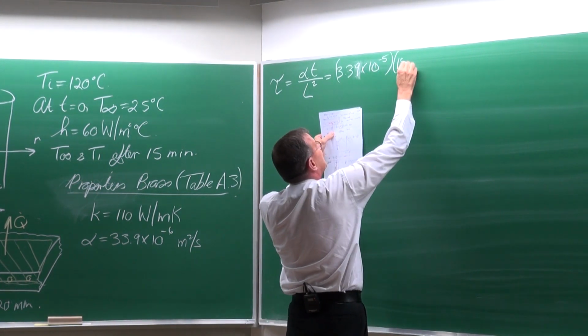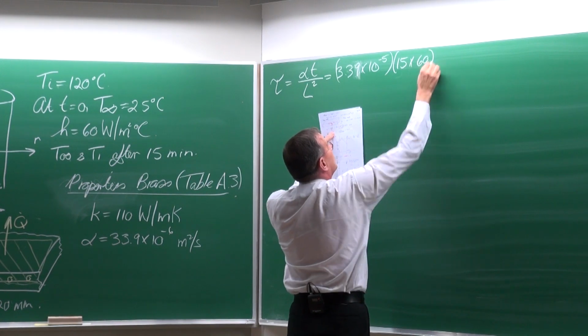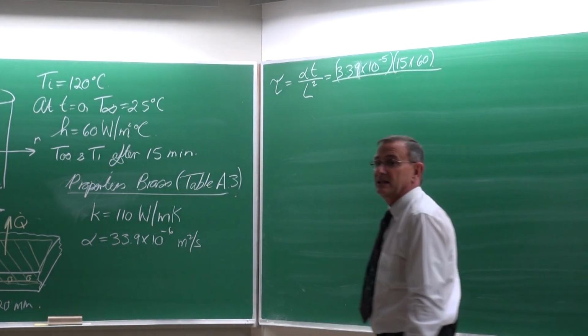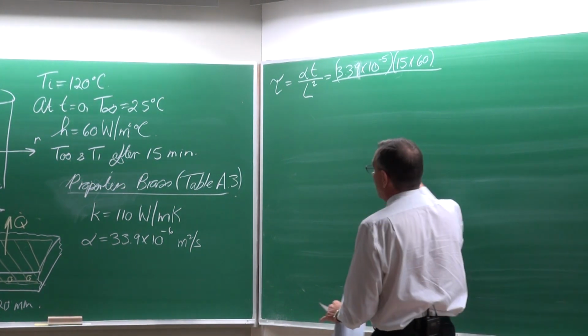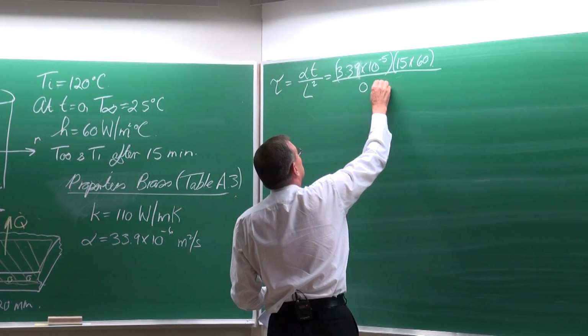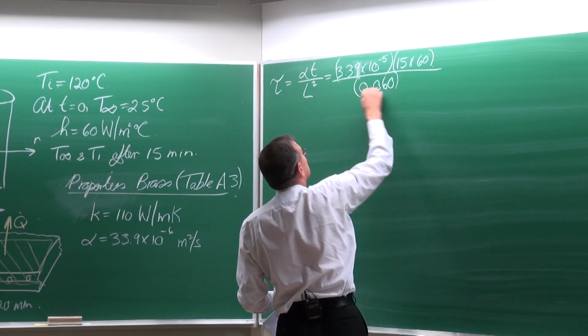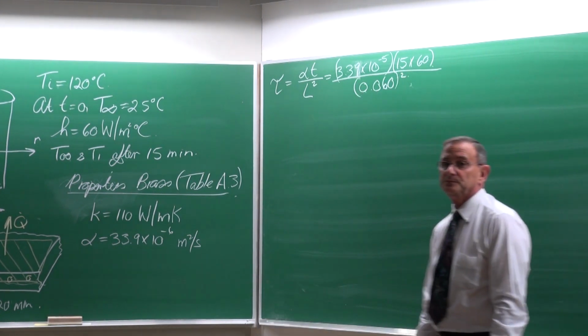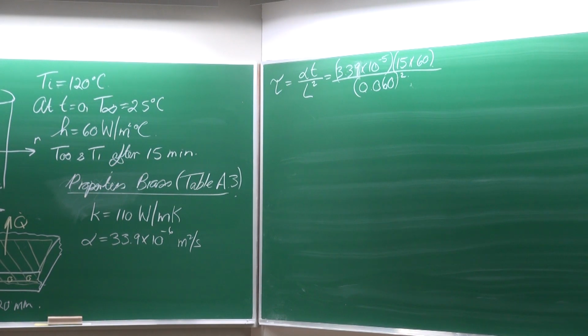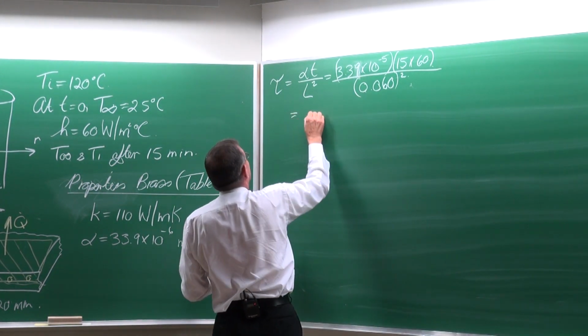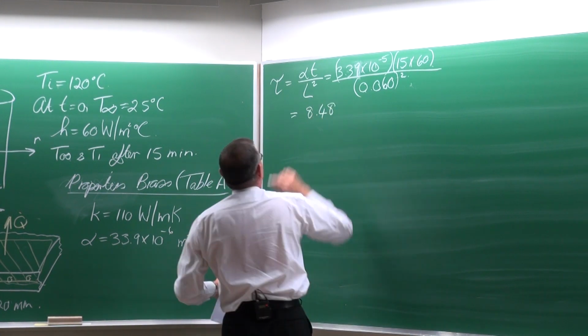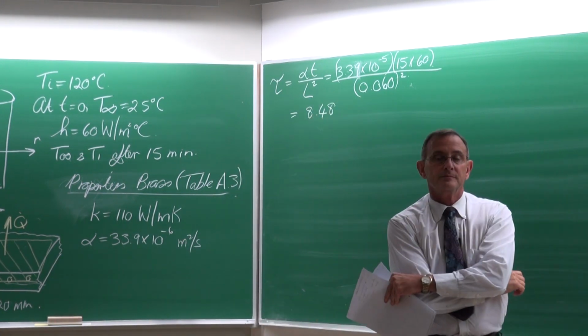The time is 15 minutes multiplied by 60 to get it into seconds, 900 seconds, divided by L, which is equal to 0.06, 60 millimeters, squared. So the non-dimensionalized time is equal to 8.48.